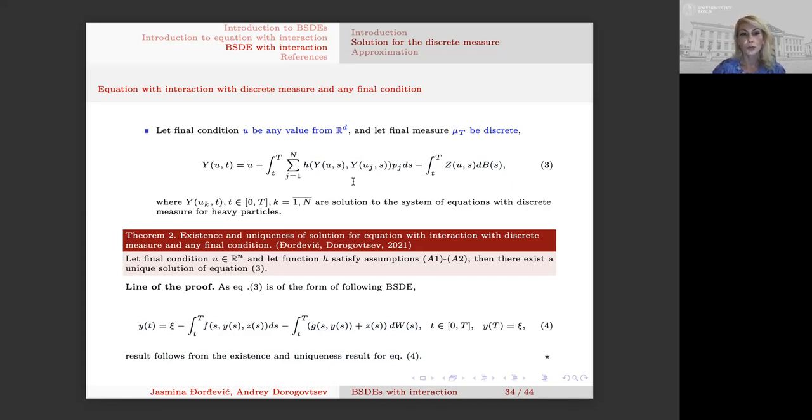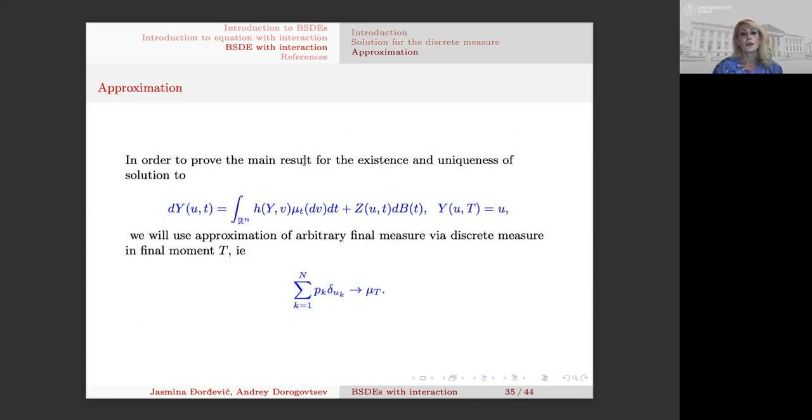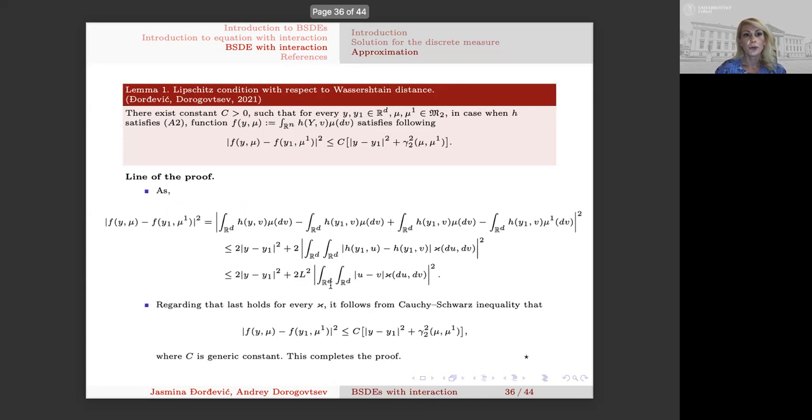Now, the next step would be to generalize this BSDE to any measure, not only a discrete one, with finite moment. So actually to have this full version of BSDE with interaction. For this, we will use approximation: we will suppose that any final measure mu_T can be approximated with a discrete measure. Before this, we need some auxiliary results.